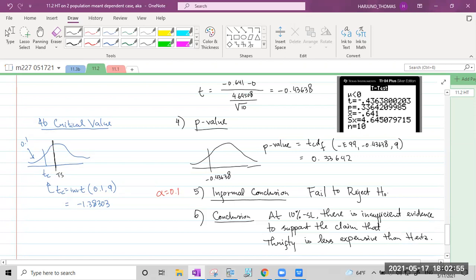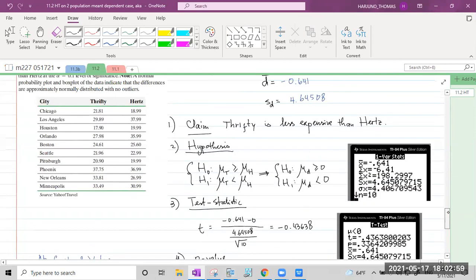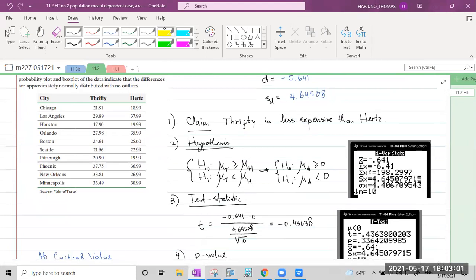Okay. So what is new here is that I just need you to know how to find the differences and compute the D bar, the mean of the differences, and the standard deviation of the differences. Those are doable using a calculator.